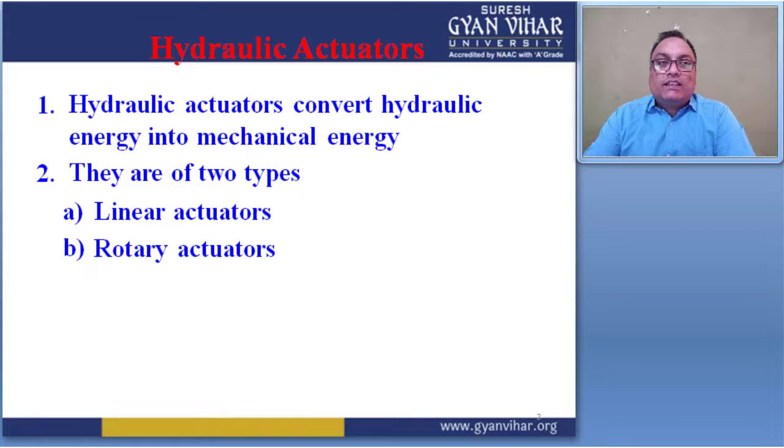This means the hydraulic actuator provides a mechanical force at the output. Simply put, it is the component in any machine that enables movement, and it provides one movement to the output.